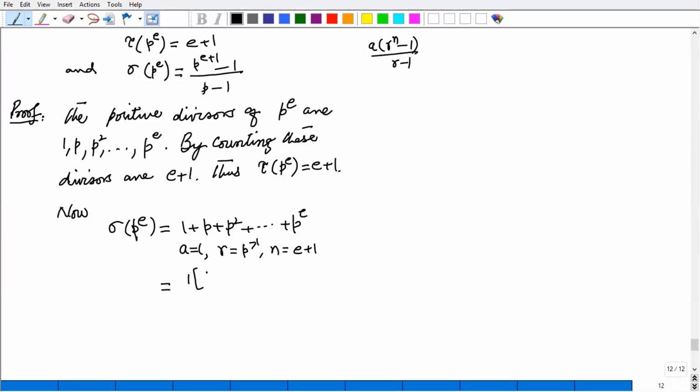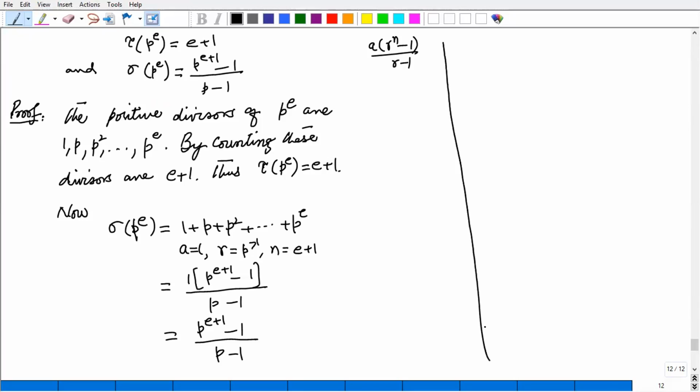So r is p and n is e plus 1, minus 1 divided by r minus 1, which is p minus 1. Okay. So this is p to the power e plus 1 minus 1 divided by p minus 1.